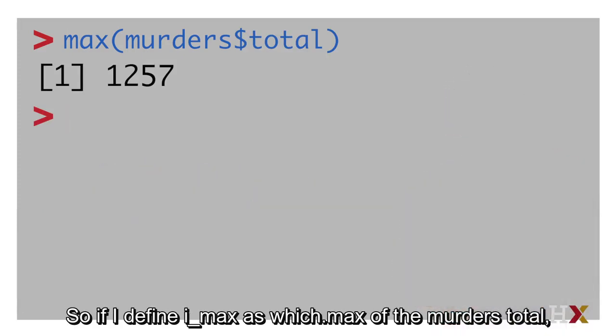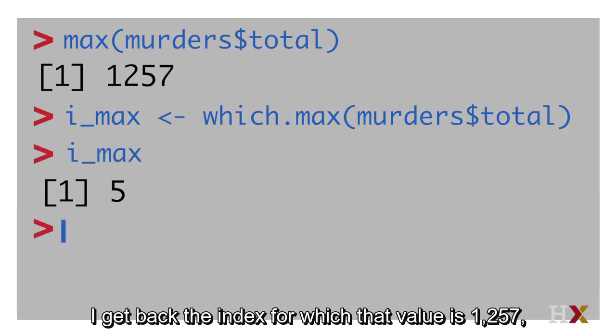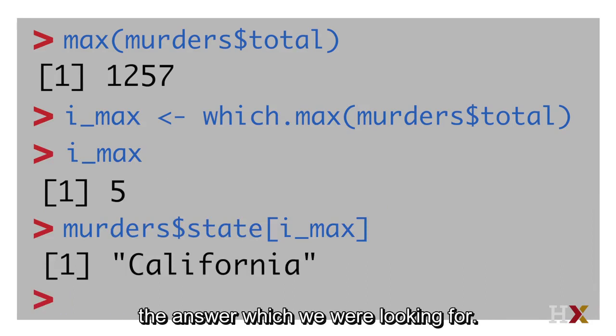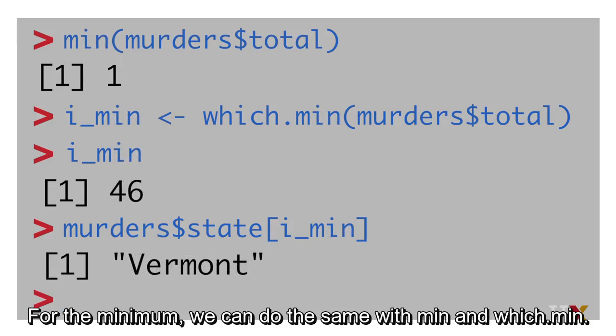So if I define i_max as which.max of the murders total, I get back the index for which that value is 1,257. And now I can index the state names and get back the answer we were looking for. California is the state with the largest number of total murders. For the minimum, we can do the same with min and which.min.